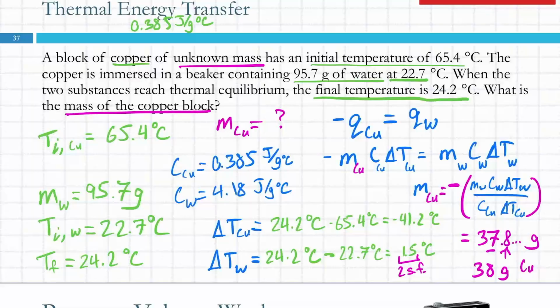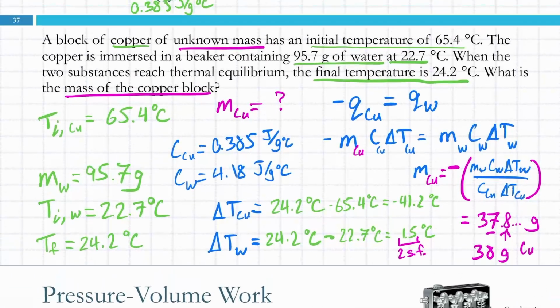Questions? All right, yeah. The negative sign, when you distribute it, is it to all of the variables like mass, the temperature?